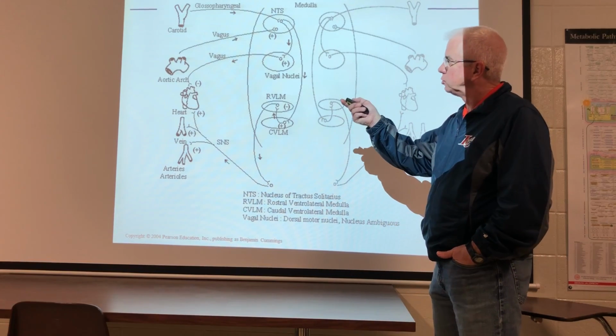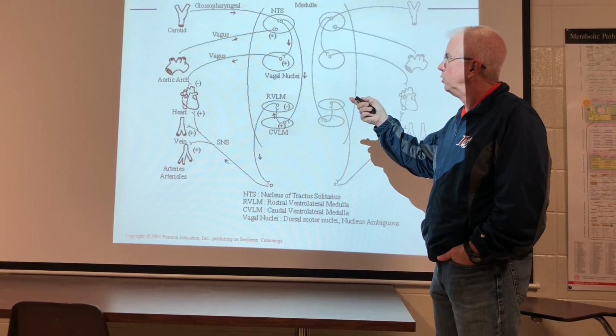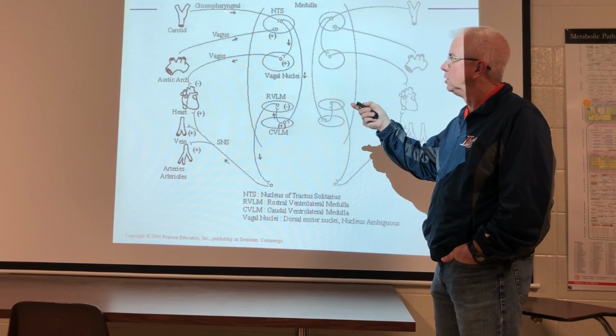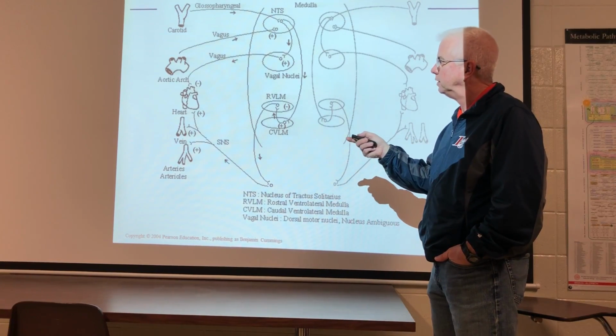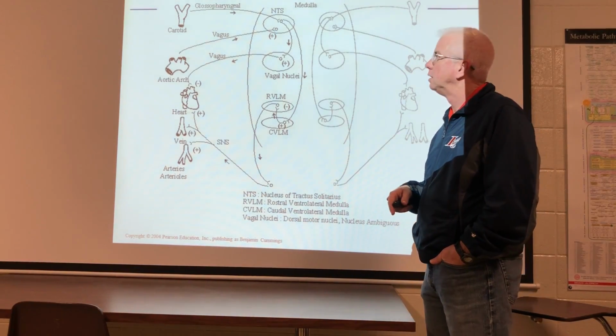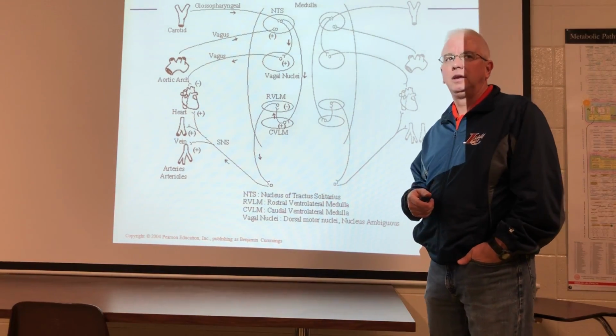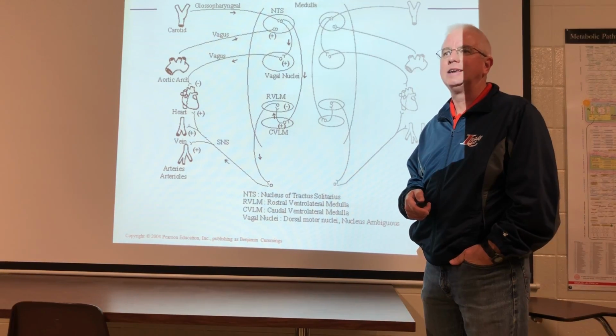Now, this first one, the carotid sinus, labels cranial nerve 9, and it has information, with the arrow pointing this way, to the medulla. Cranial nerve 9 goes into the nucleus of the tractus solitarius. This one has cranial nerve 10 into this area. So evidently, cranial nerve 9 and cranial nerve 10 are connected to nuclei of the medulla.